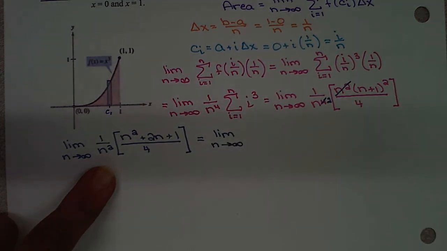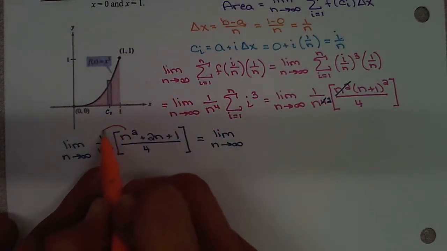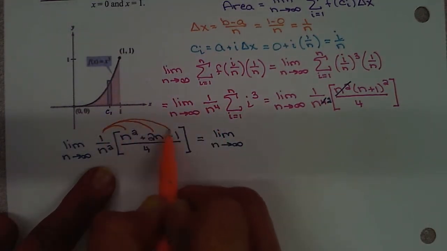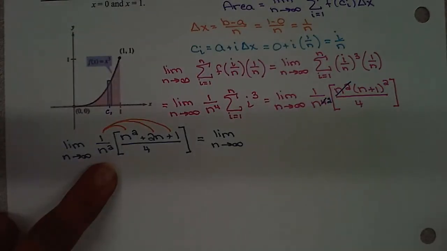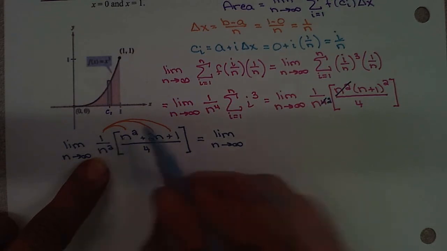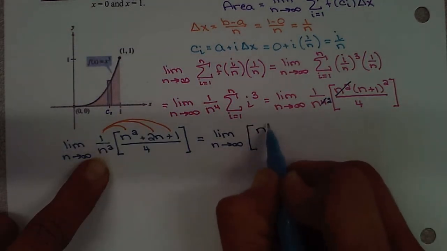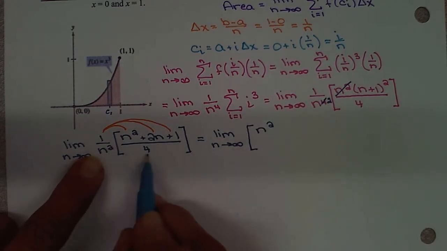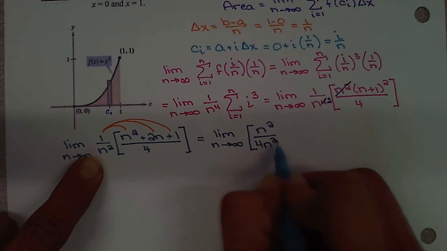I'm going to now distribute this 1 over n squared at the same time that I break this thing up into 3 separate fractions over 4. So here that would make an n squared. And then on the bottom, this n squared times that 4 makes an over 4n squared.